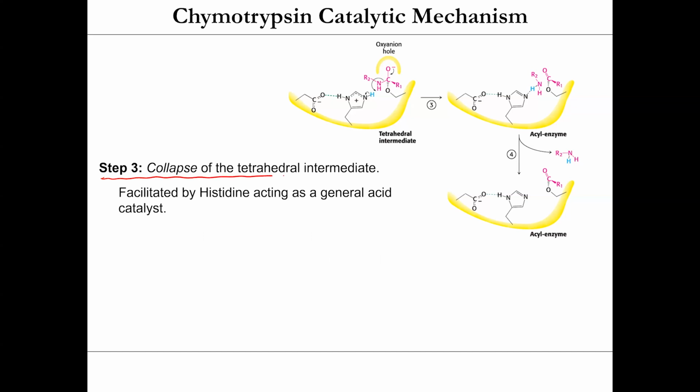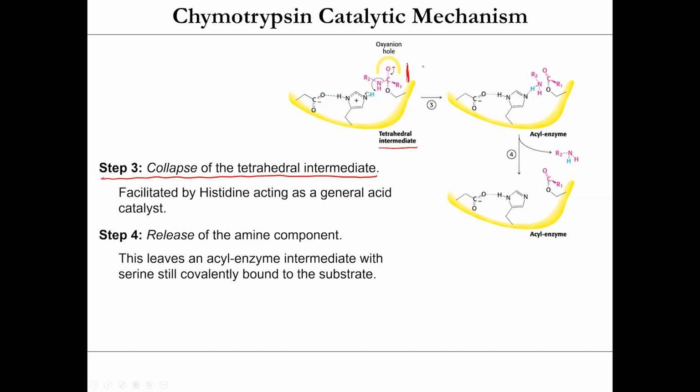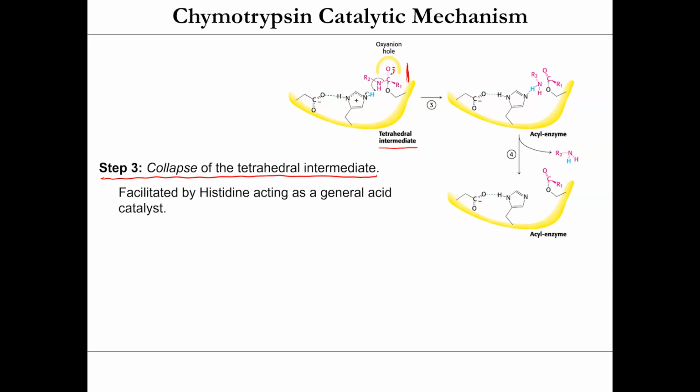So step 3 is actually going to be the collapse of that tetrahedral intermediate and the breaking of that peptide bond. And this is going to be facilitated by histidine acting as a general acid catalyst. So we can see here these electrons on the carbonyl oxygen that are in the tetrahedral intermediate are then going to form a double bond with the carbon again. And then the electrons from the peptide bond are going to interact with the hydrogen atom that's now associated with histidine.